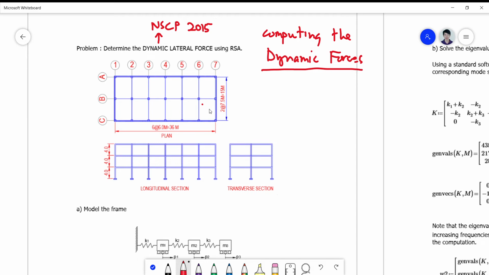So this is actually a pseudodynamic analysis. So it's not a real dynamic analysis in the sense that the time factor is no longer there.